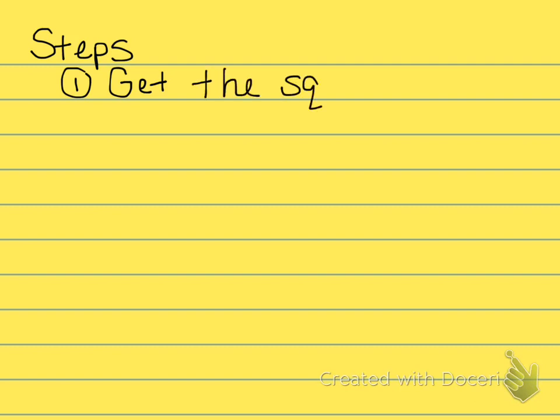Okay, so when you're looking at a problem and you see that there is a quadratic, so there is something squared, the first thing you want to do is get the part that has the squared on it alone, or isolate it.